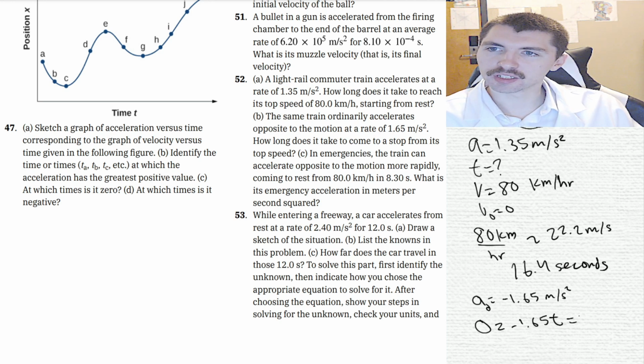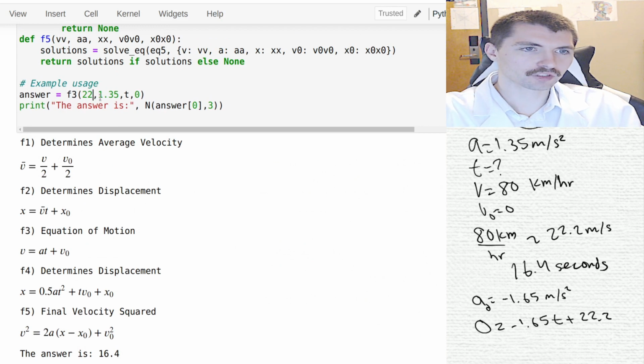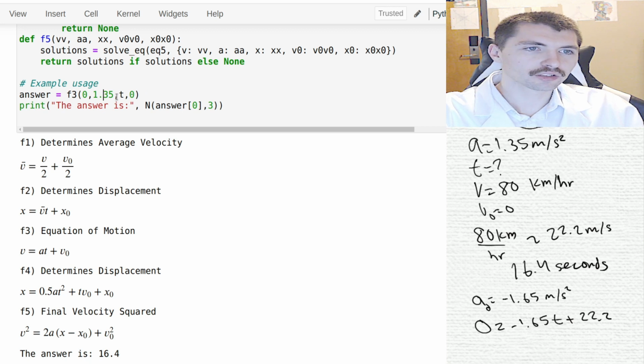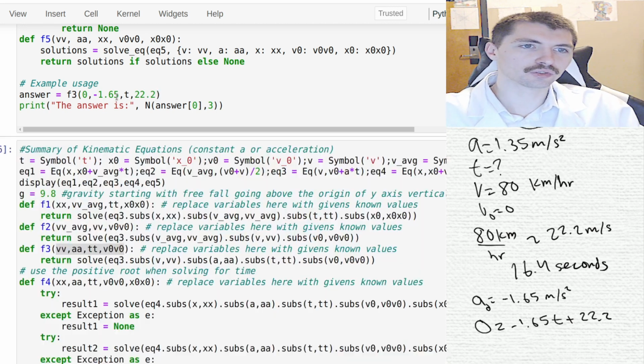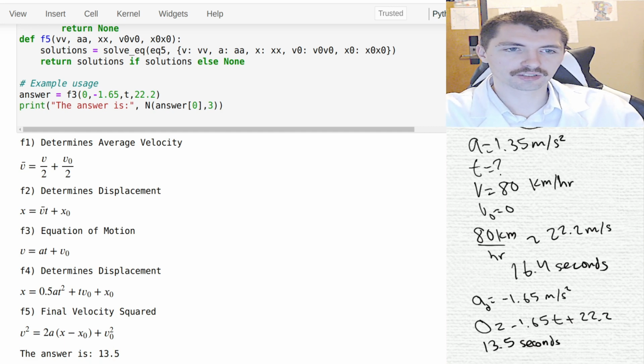From its top speed. Top speed is 22.2. So solving for t, negative 1.65, t, 22.2. So it'd be 13.5 seconds to decelerate.